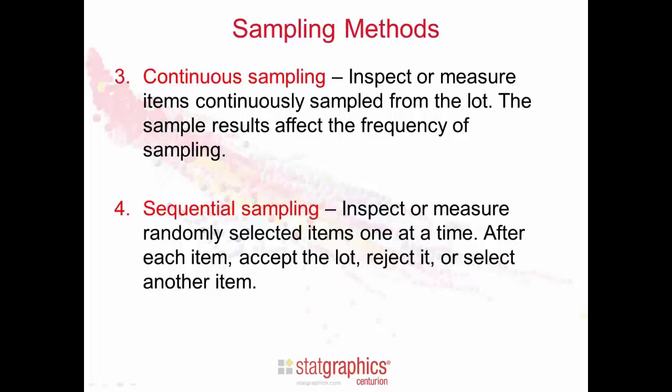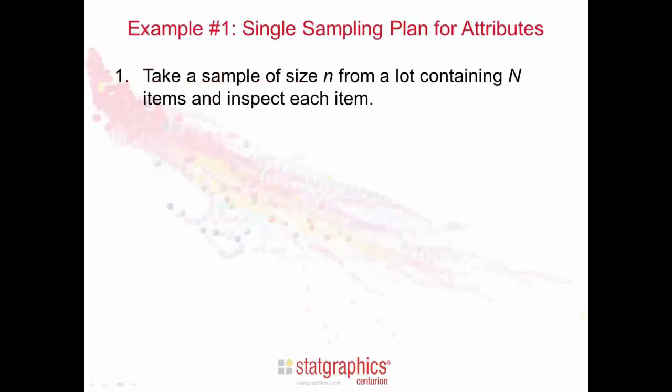Now, the first example we want to look at is a single sampling plan for attribute data. With this sort of plan, what we do is we take a sample of size n, lowercase n, from a lot containing capital N items, and we inspect each item.